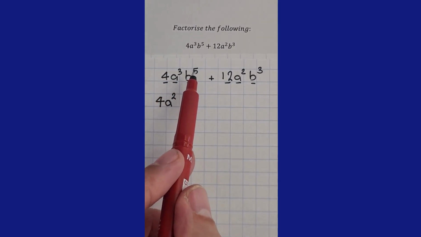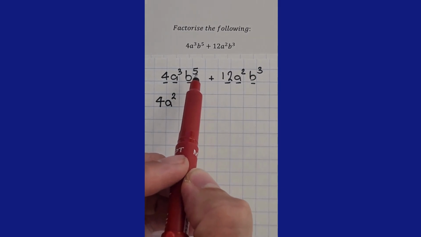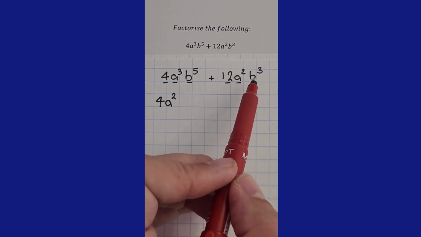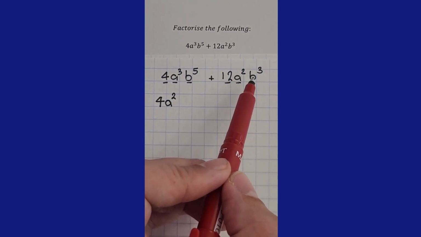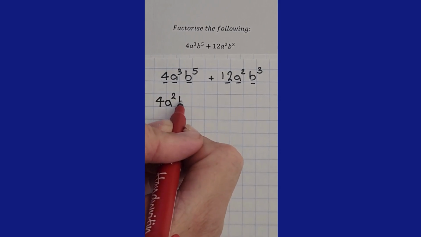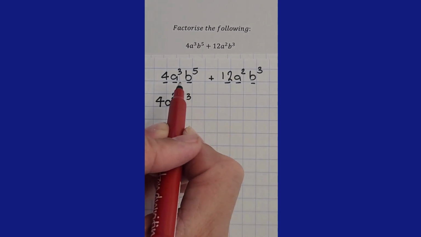I've got B to the power of 5. And I've got B cubed. So B times B times B times B times B, and then B times B times B. So actually I can take out effectively 3 of those B's. So I can take out B cubed. So I can take out quite a lot of common factors in this question. And that's all I've got. There's nothing else. I've underlined everything I can.